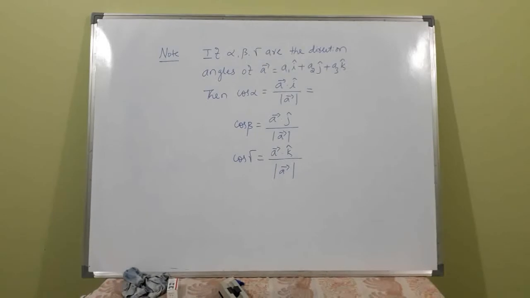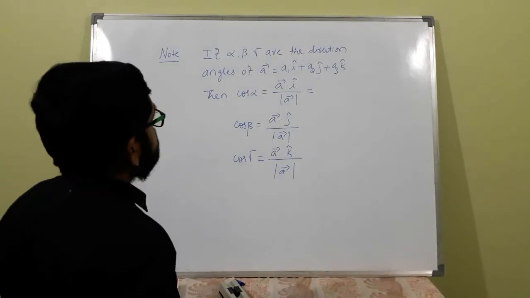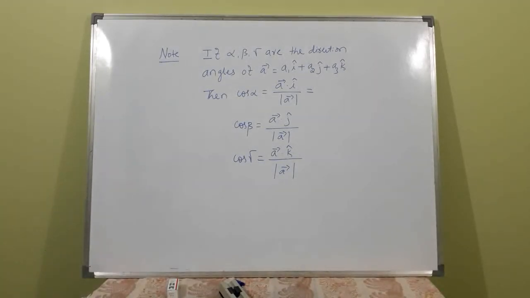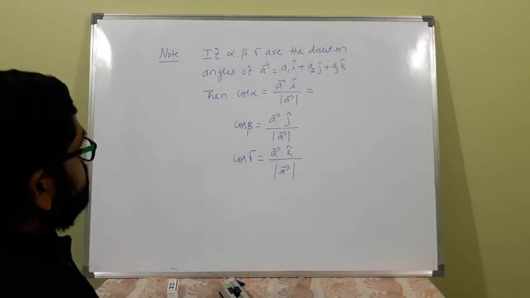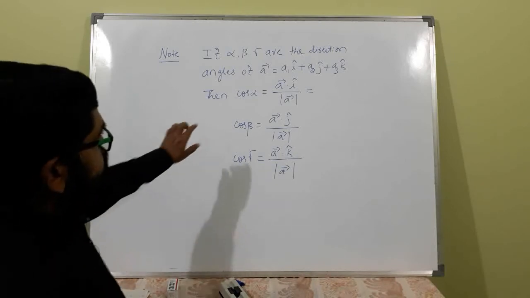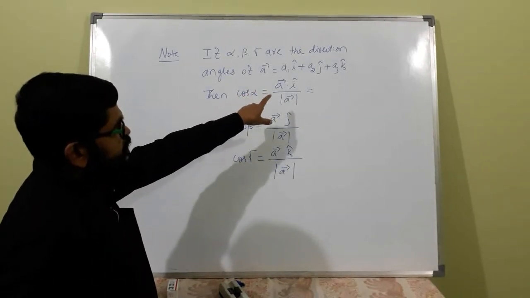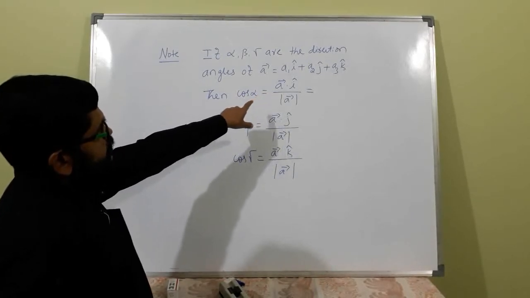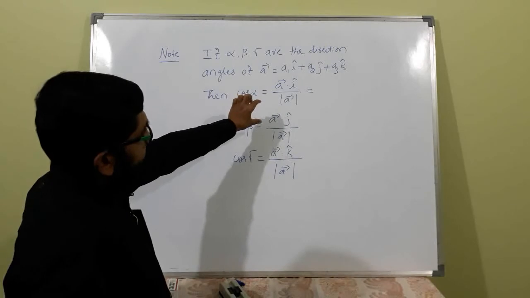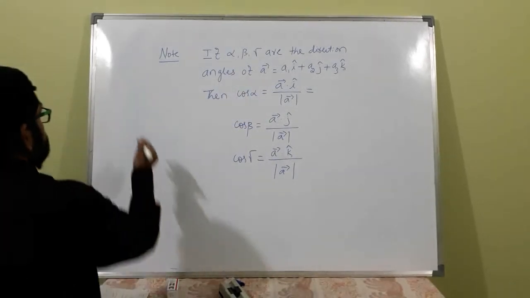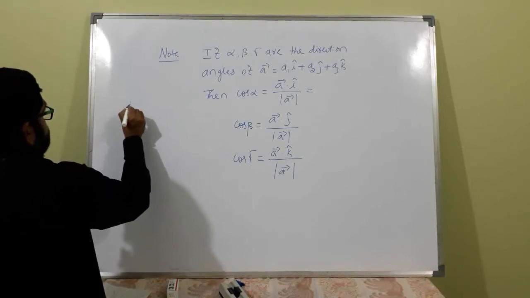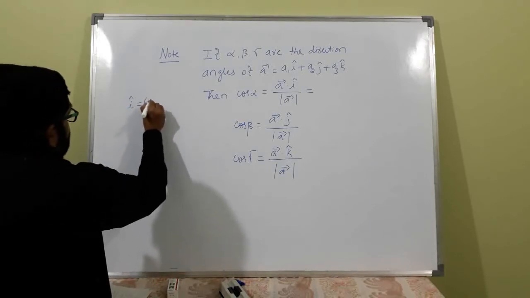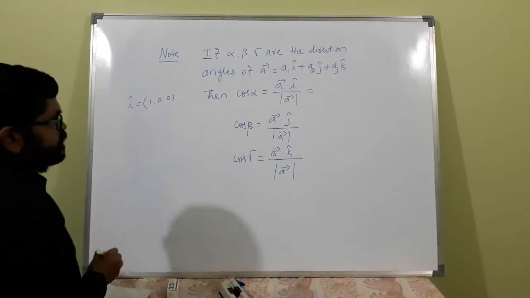Okay. See, if alpha, beta, gamma are the direction angles of A, suppose A is A1 i, A2 j and A3 k. Then cos alpha is given by, see, this is due to cos theta is equal to A dot B divided by modulus of A modulus of B, isn't it? See, this i cap is nothing but 1 0 0, isn't it?